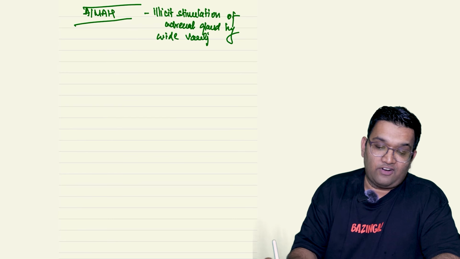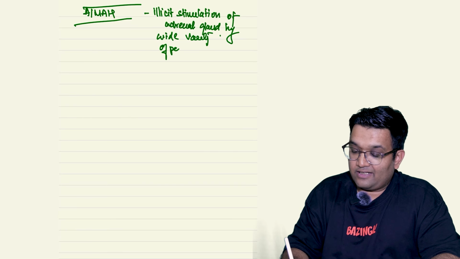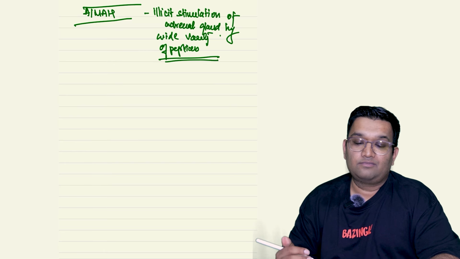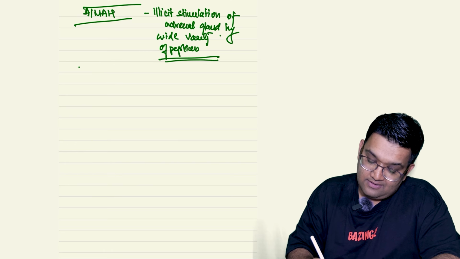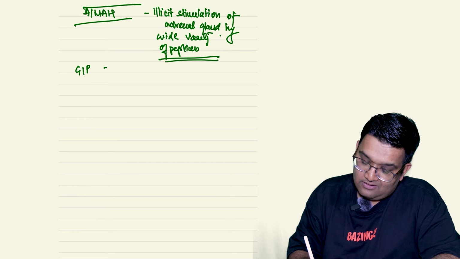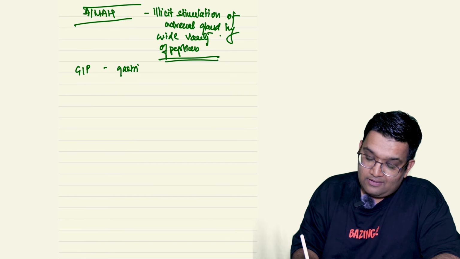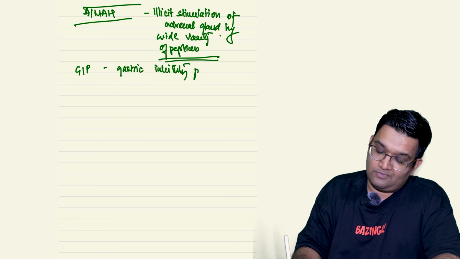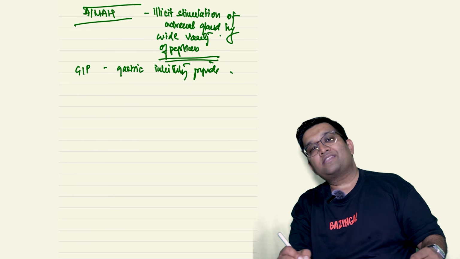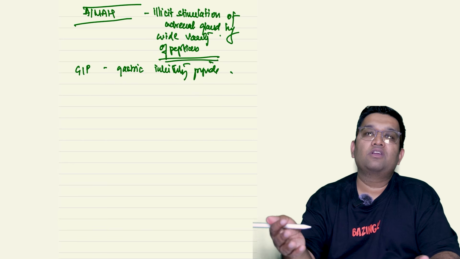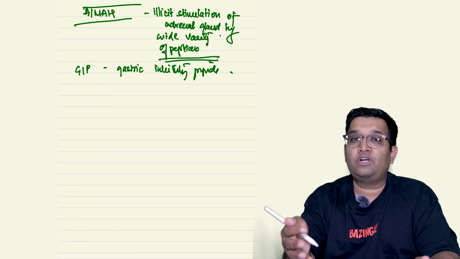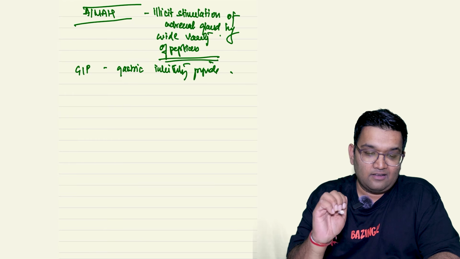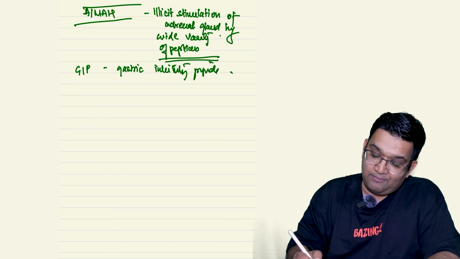So what are these wide variety of peptides that can cause this stimulation? That is GIP, gastric inhibitory peptide. This is basically known as food associated or food induced hypercortisolism. So that can occur. Now after that, what other peptides are there?